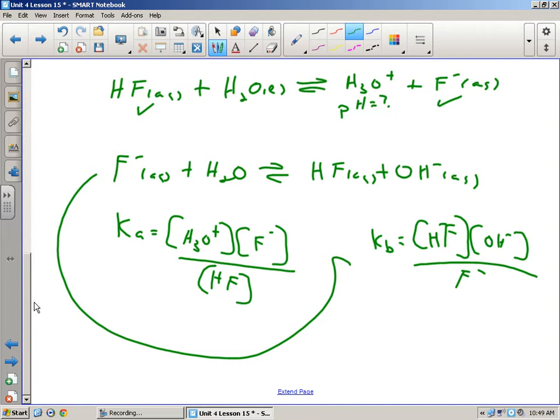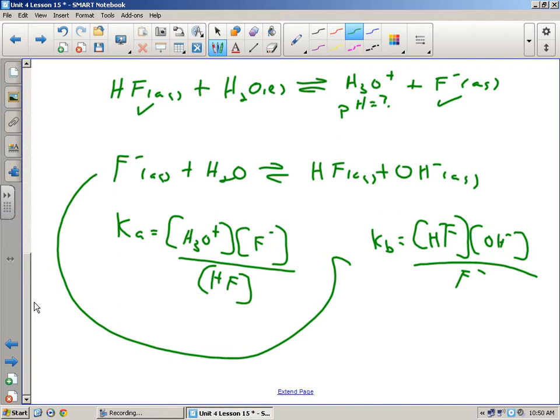But if you use Kb, what do you find in the first step? You find pOH, yes? Then you still have to convert that to pH. So not only do you have to change from Ka to Kb value, you also have to change from pOH to pH, right?